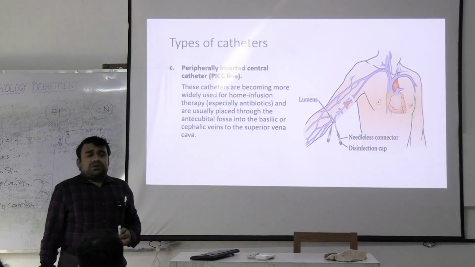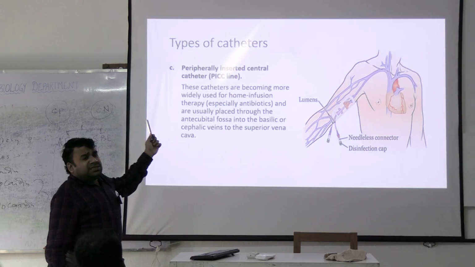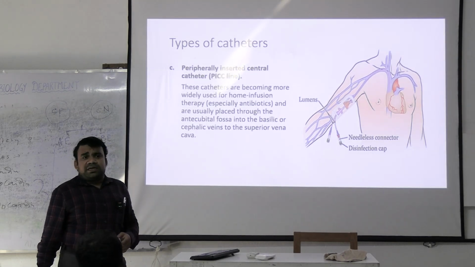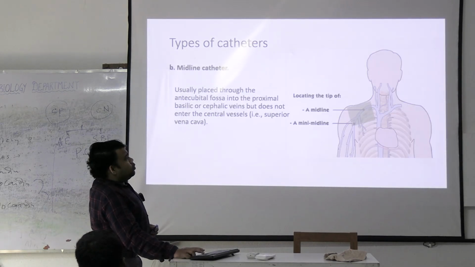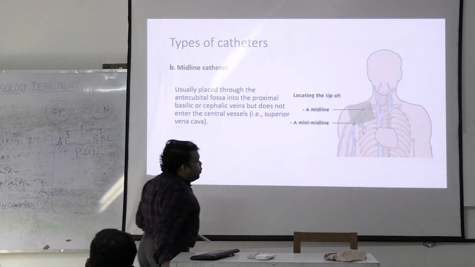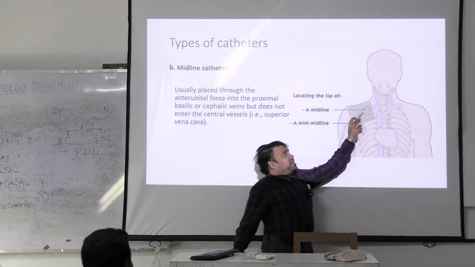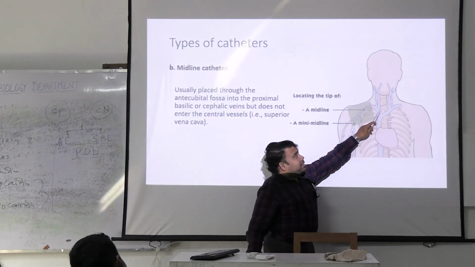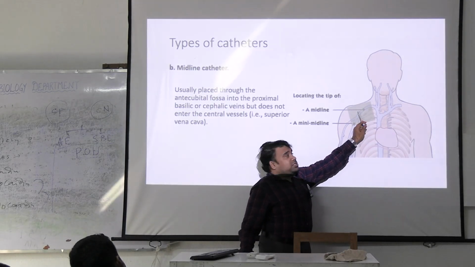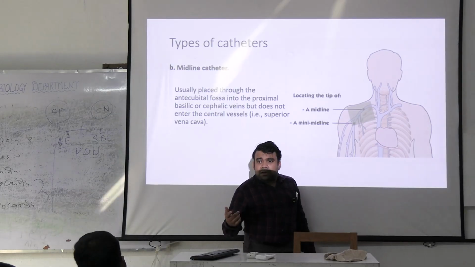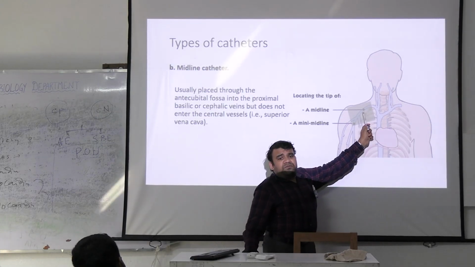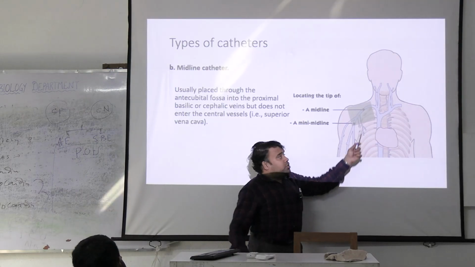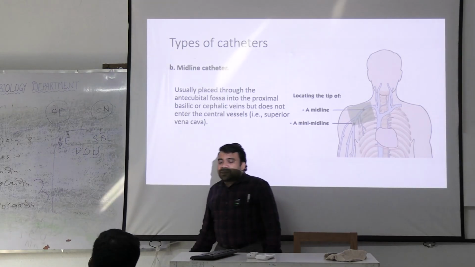Another type is called the PICC line. This is called peripherally inserted central catheter. Now, if you look at the two diagrams over here, we are putting the catheter directly over here. And since the catheter is in the superior vena cava, the chances of getting infected are much higher, because the organism has to traverse a very small distance and will cause central line infections.